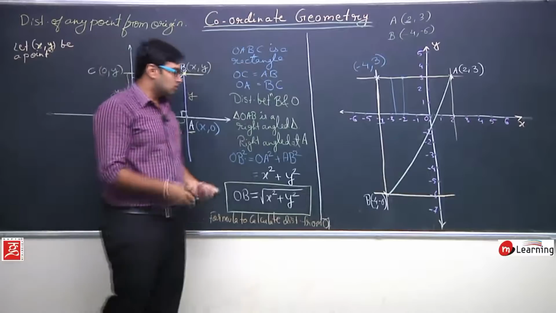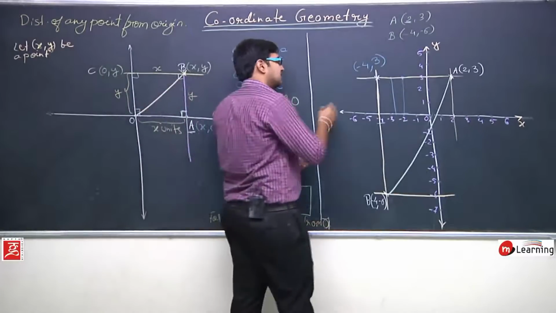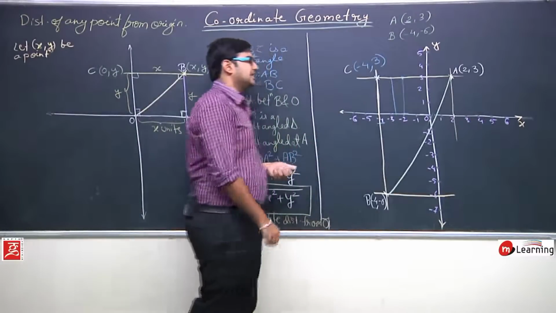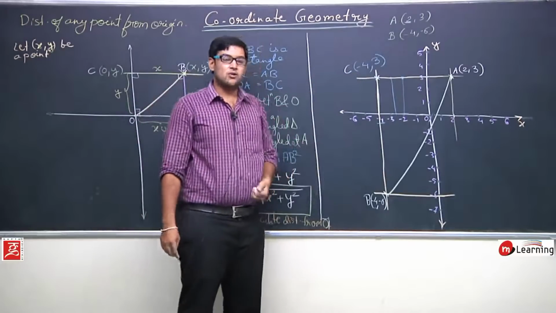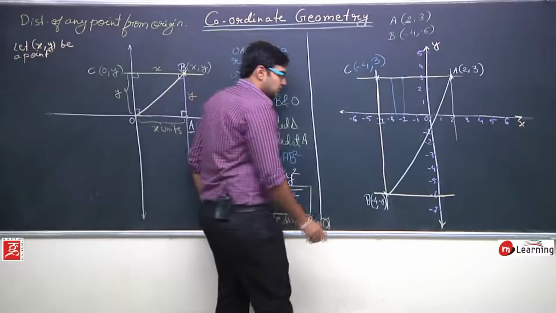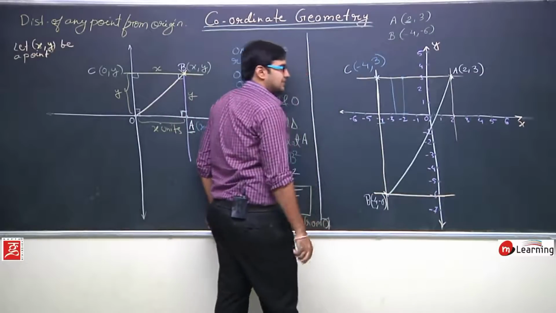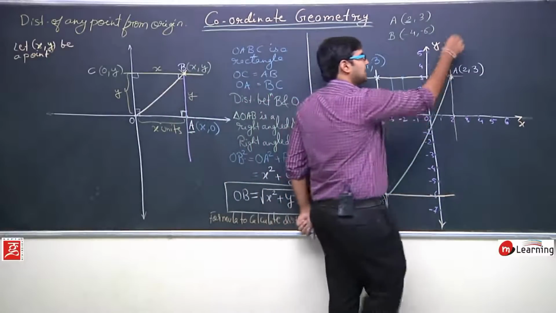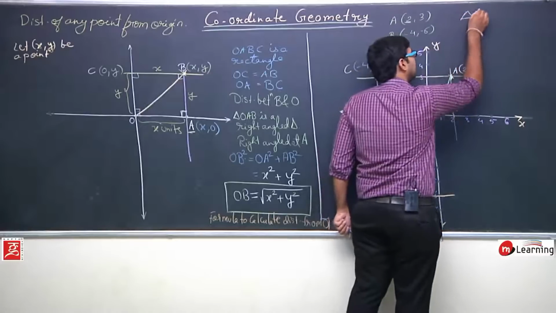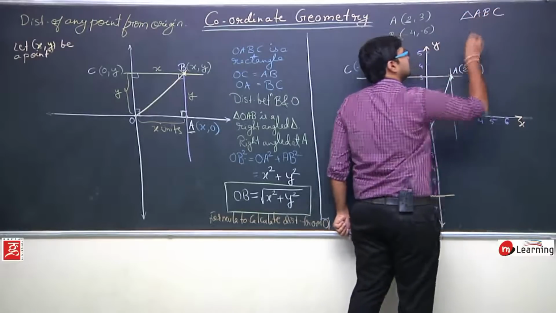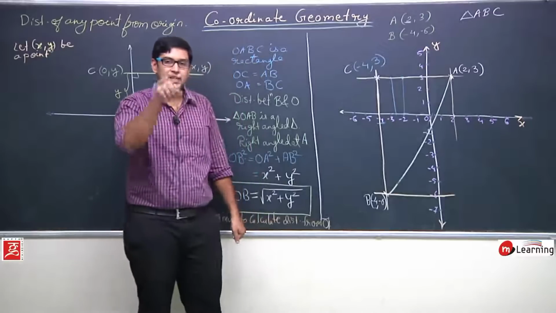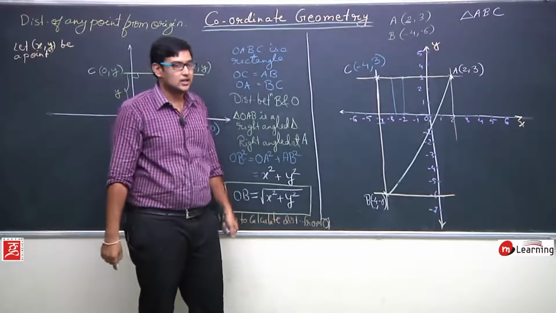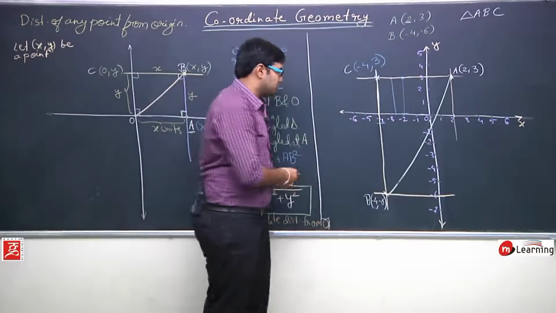Now let us name it as C. Let us say C is the point minus 4 comma 3. Now please observe it very carefully. You can see that a triangle ABC is formed. यहाँ पर हमें ABC नाम का एक ट्राइंगल दिखाई दे रहा है.